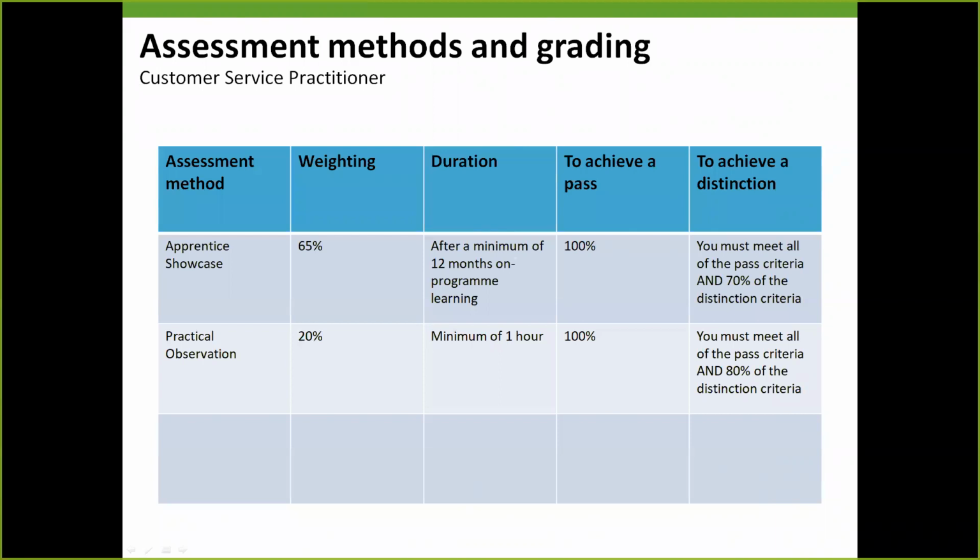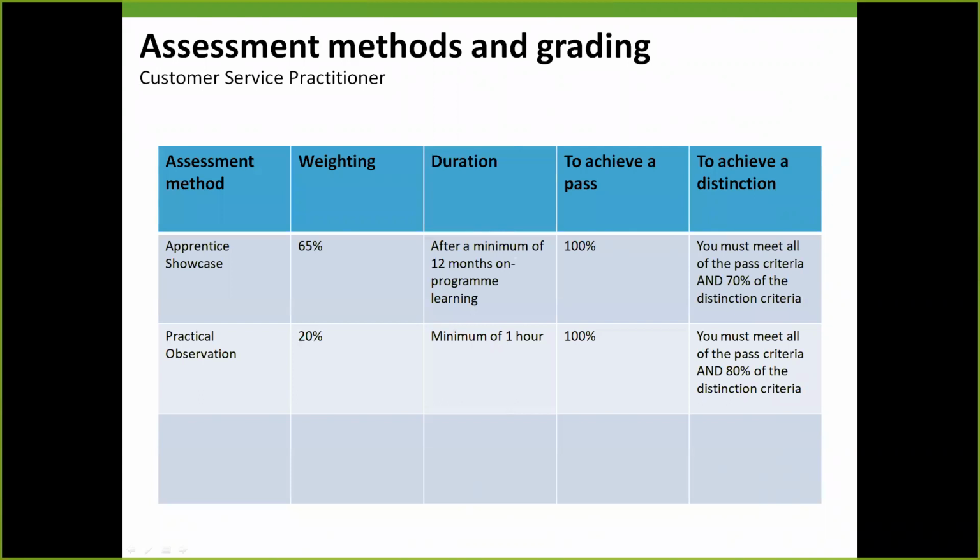And on this, to get a distinction on practical observation, they have to meet at least 80% of the distinction criteria. So within the context of this, you should expect that this is a pre-planned and scheduled activity, and it should be at the apprentice's normal place of work. Each situation within the observation will be different.